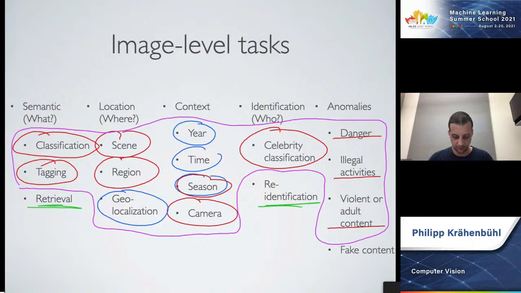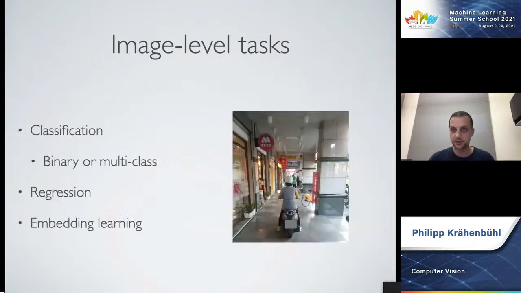All right. And so the three big problems we're going to look at today is image classification. And here we separate into binary classification, which might be tagging or figuring out if there's adult content or not. These are binary problems. And it might be multi-class, which is image classification, scene classification, and so on.